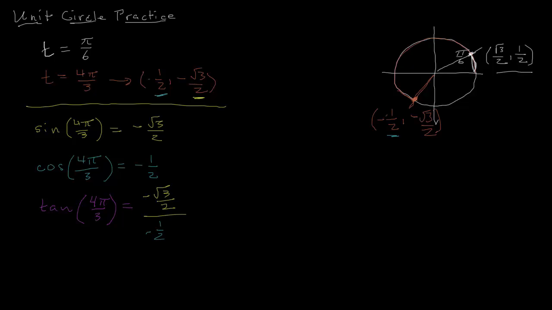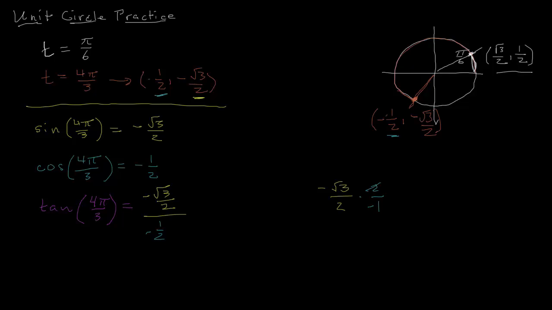Now, we talked about how you do this complex division of a complex number. Negative square root of 3 over 2 divided by negative 1/2 is the same as multiplying by a reciprocal, and this was a -1.